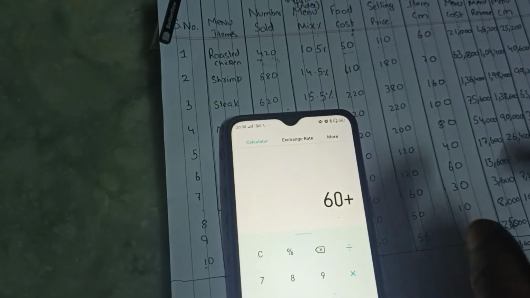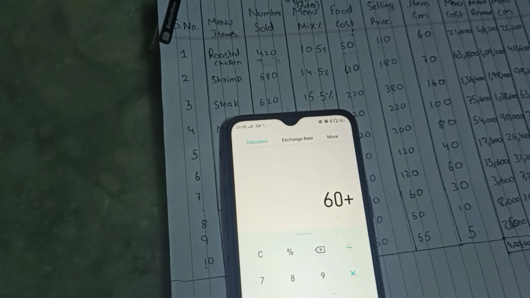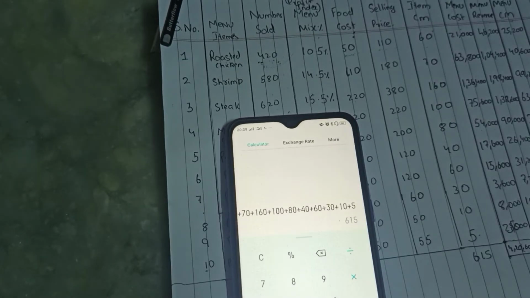So the total of item CM is 60 plus the rest, so 615 is the total of item CM.